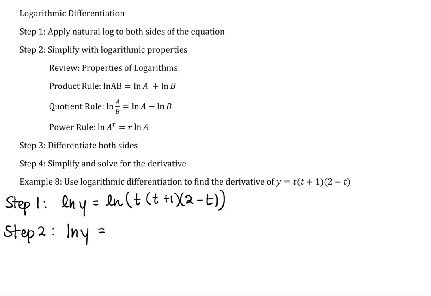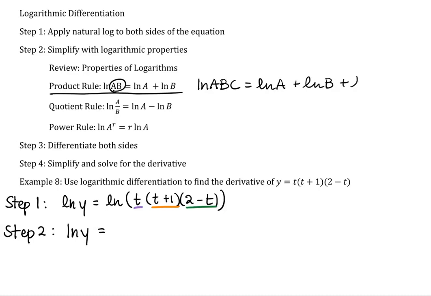But on the right side, I can simplify using the product rule because I have all of these 3 things on the inside of this logarithm that are being multiplied together. And so I'm going to separate them and add 3 separate logarithms. By the way, keep in mind, the product rule only has 2 things, but even if it had 3 things like what we had, it's the same thing.